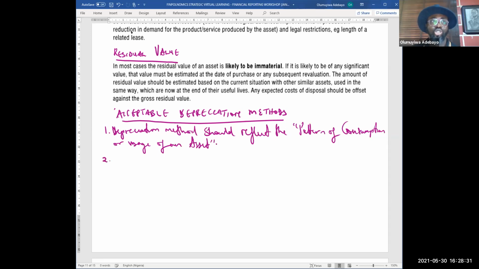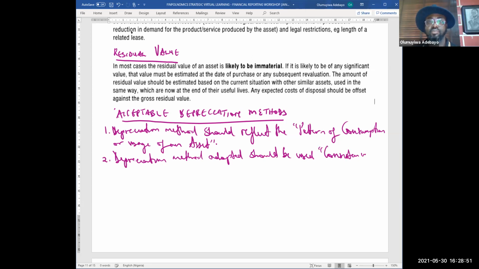That's one. Two, the depreciation method adopted should be used consistently. That is, consistency is the key word.